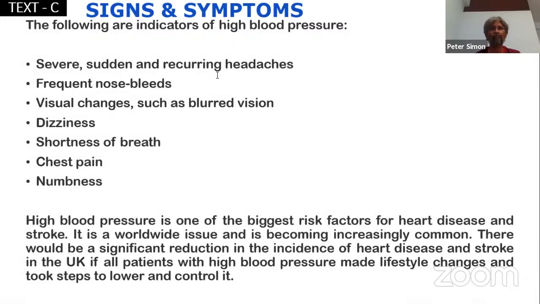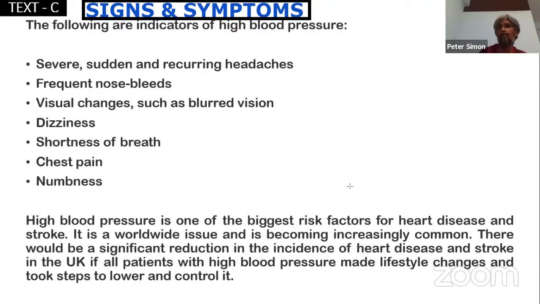That's fine. This is related to signs and symptoms. Signs and symptoms. That is fine. Okay.